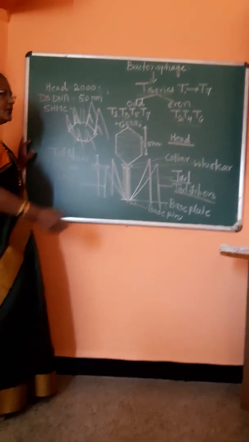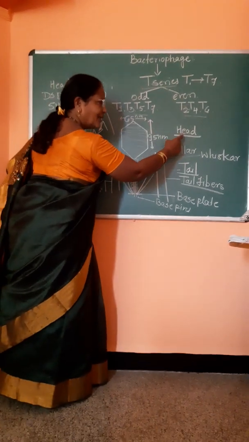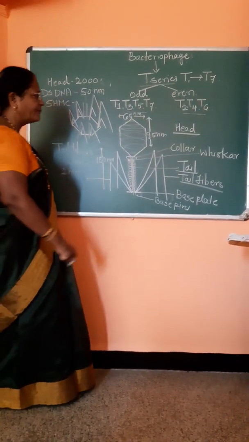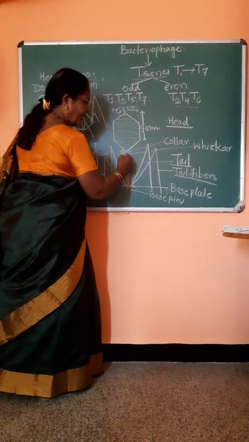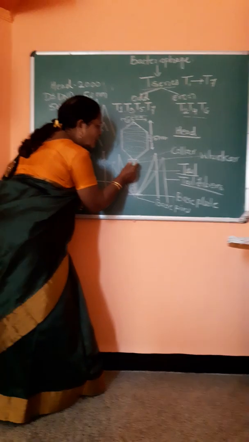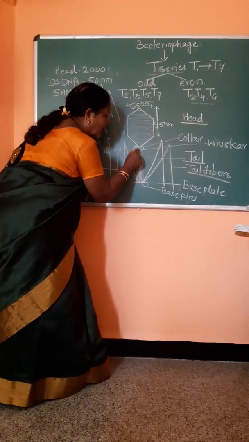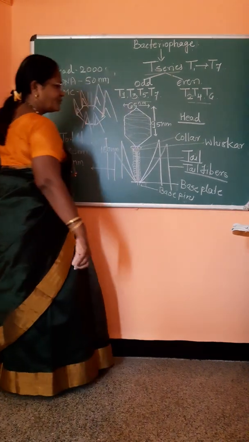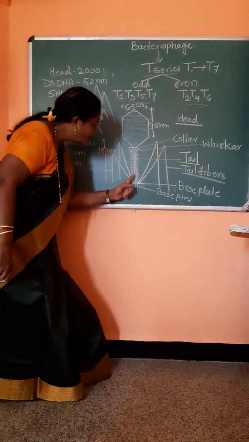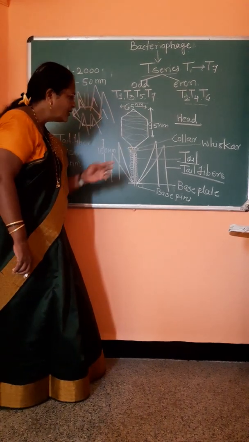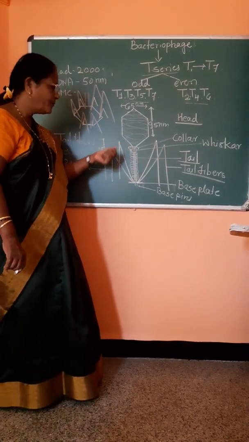So again, in the structure, the major part, the head, is present, the tail is present and the tail fibers are present. Just below the head, the collar plate is present. Just below the collar plate, here I have darkened this place, that is called a whisker. The tail tube is present. The tail tube is covered with a sheathed protein, called a flexible tube.